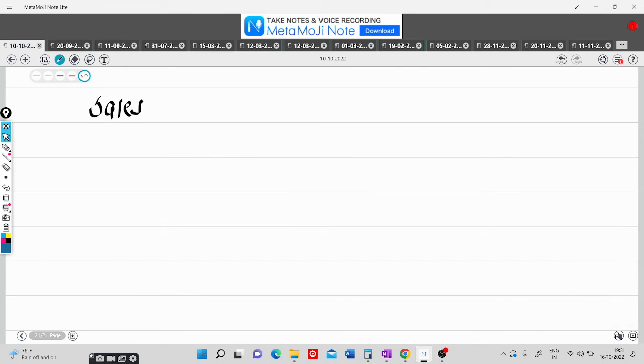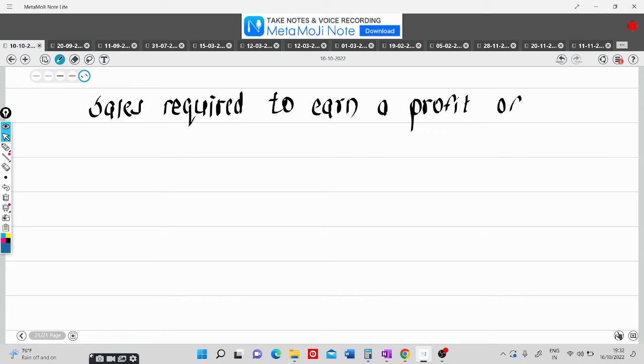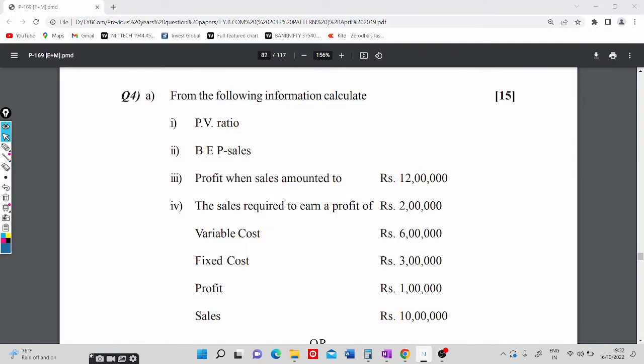You have to calculate sales required to earn a profit of rupees 2 lakhs. It's given here.